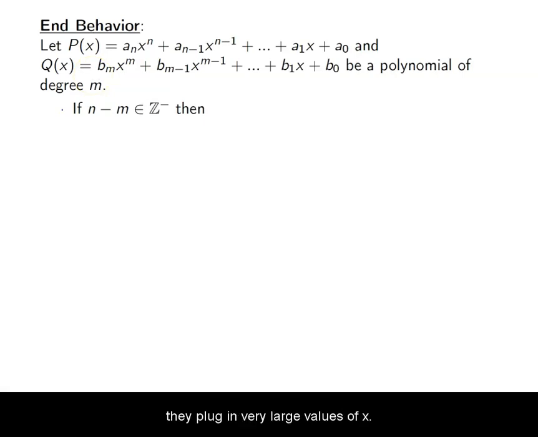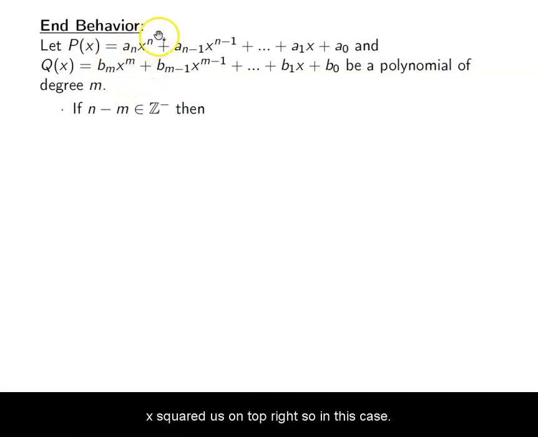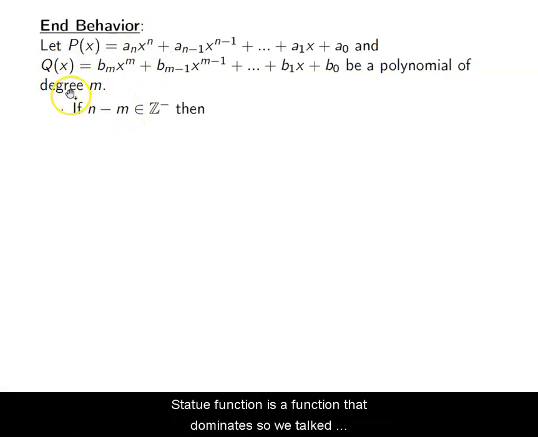So as I plug in very large values of X, Q is the one that has the most input into the function, right? Because Q grows way faster than P does because Q has a higher degree, right? So this would be like X squared over X to the 10th, right? The X to the 10th grows way faster on the bottom than the X squared does on top, right? So in this case, the Q function is a function that dominates.